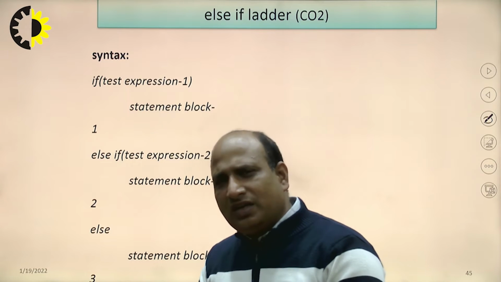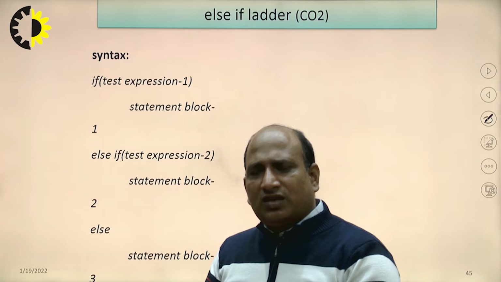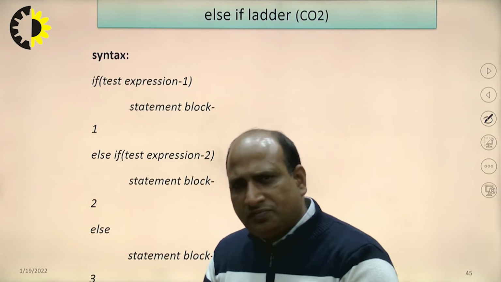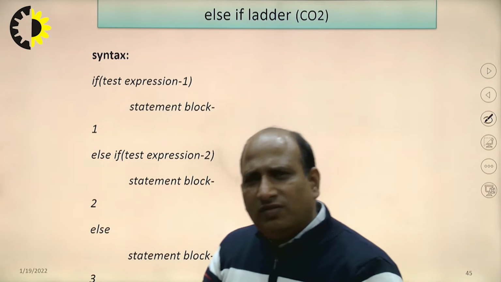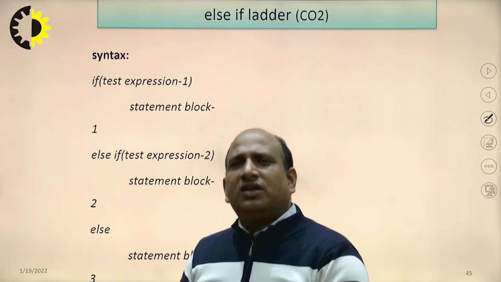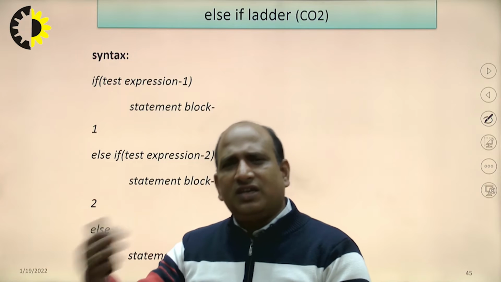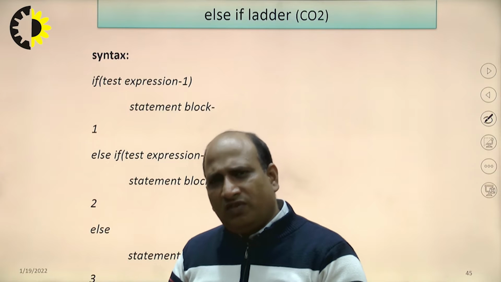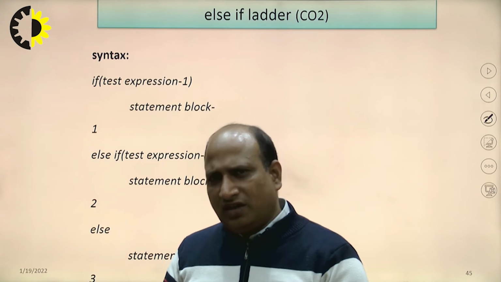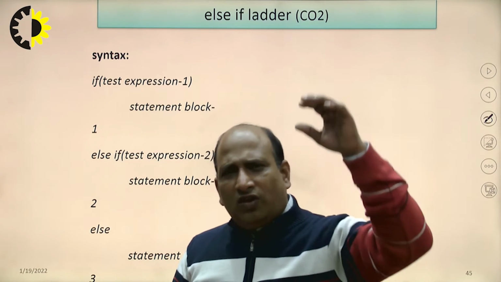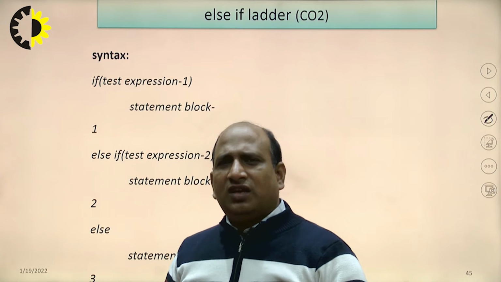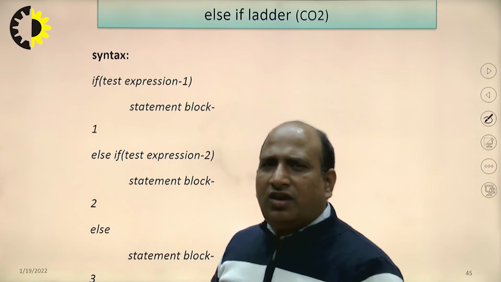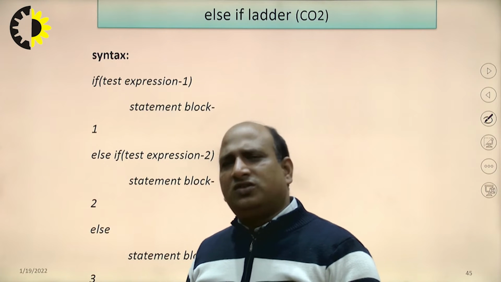If that condition is true, the statement block associated with it will execute. Otherwise, we move ahead and test another condition, and if none of the conditions is met, then the else part, that is the last else, will execute.